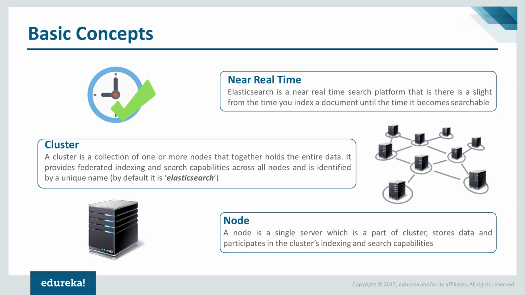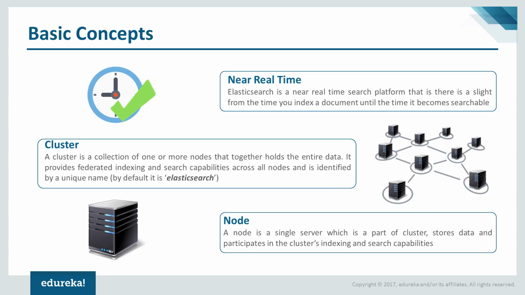As I said, Elasticsearch is a distributed system, a distributed environment, I should say. With a distributed environment, you can create these applications across multiple nodes in the form of a cluster. A cluster is a collection of one or more nodes that together hold the entire data. It provides federated indexing and search capabilities across all nodes and is identified by a unique name.